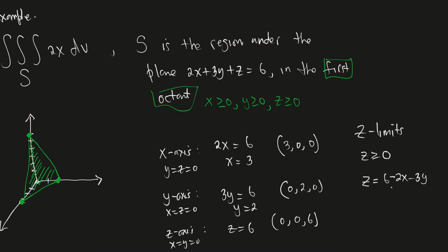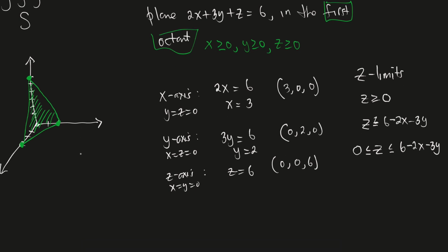So z is greater than or equal to 0, but less than or equal to 6 minus 2x minus 3y. So we have our first pair of limits, right? That basically defines the height of this solid. It starts from the xy plane, which is z equals 0, and then goes up to points on this little region that you see here.